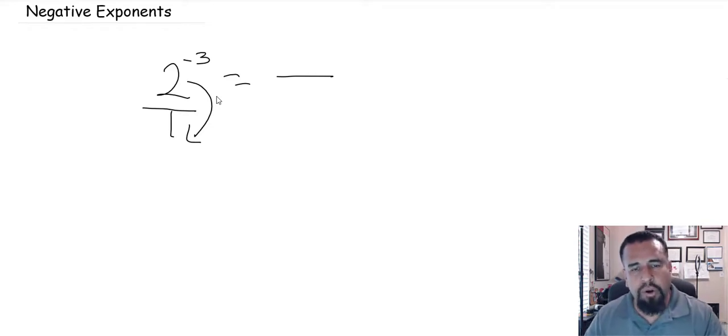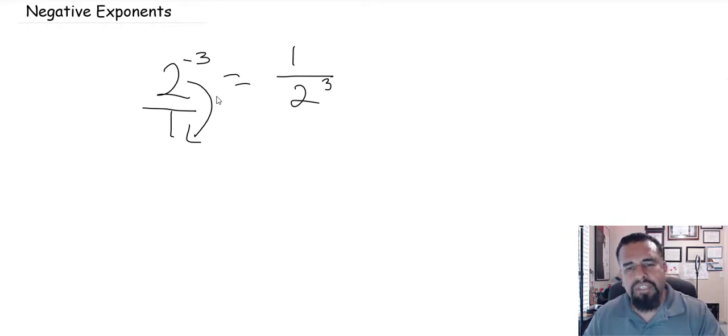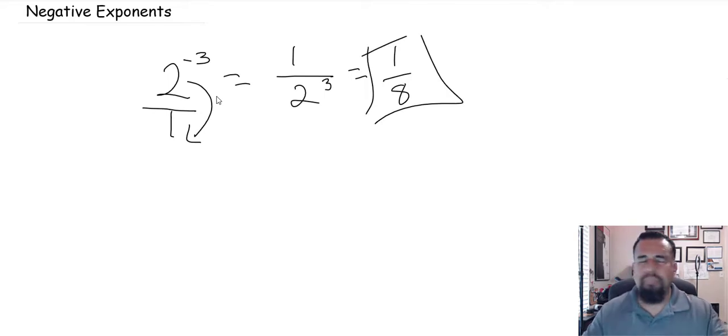Well, if I flip it over, it would be 1 over 2. And the 2 would be to the power of 3. Essentially, this whole thing would be to the power of 3, which ultimately equals 1 over 8. That's essentially all you have to do.